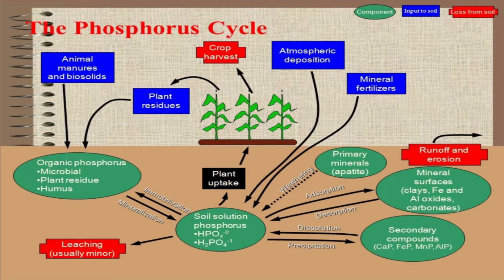From this diagram, we get the idea that plants take up phosphorus in the form of inorganic phosphate from the soils through their roots under the process of root osmosis. The inorganic phosphates are converted into organic forms in the plants.